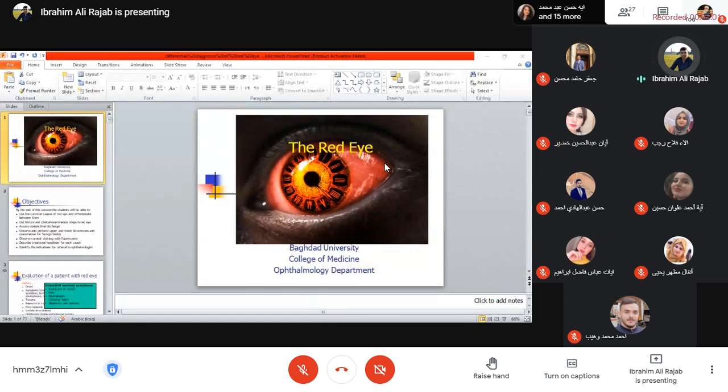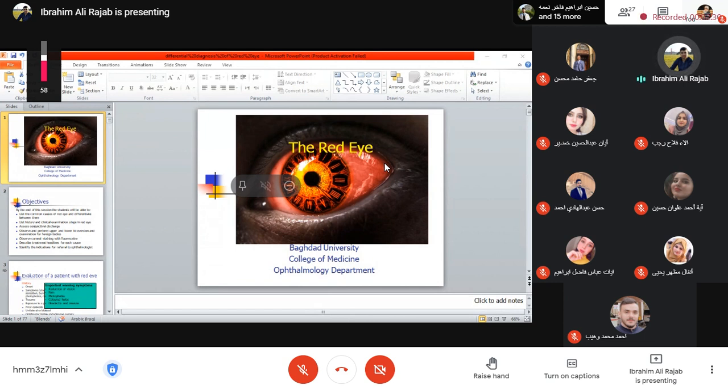We also may ask about prior episodes of red eye because some diseases may recur. For example, allergic conjunctivitis. The patient presents with red eye in a special season, for example, spring and summer, when they are exposed to allergy, and they will present with red eye, itching, foreign body sensation.